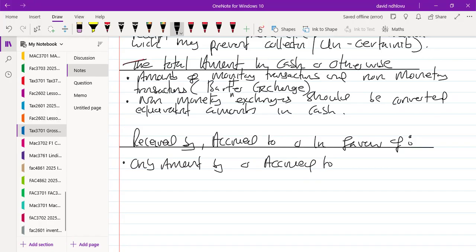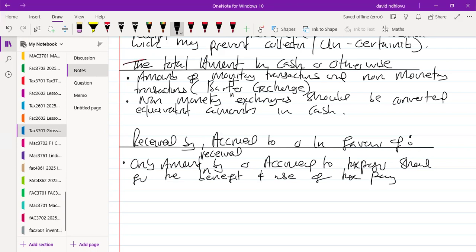So amounts received by or accrued to a taxpayer should be for the benefit and use of the taxpayer, to be included in gross income.